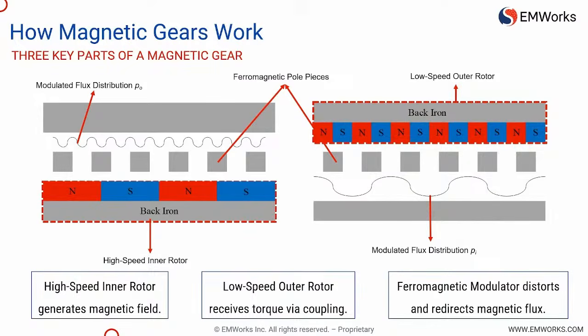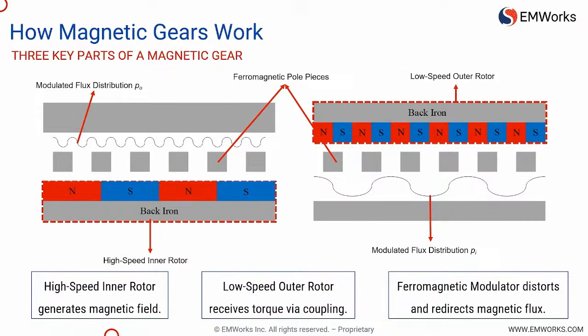The performance of the magnetic gear is based on the interaction between flux density harmonics. In this slide, we have two figures. In the left figure, we have the highest speed rotor, which has a lower number of pole pairs. When it creates a flux density distribution, these flux lines pass through the ferromagnetic pole pieces as shown in this figure, and these ferromagnetic pole pieces modulate the flux density.